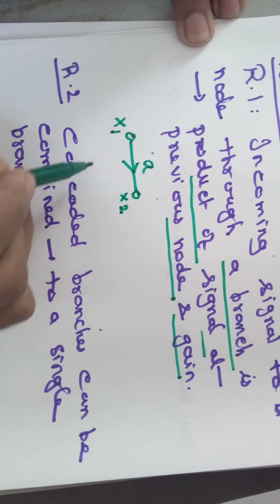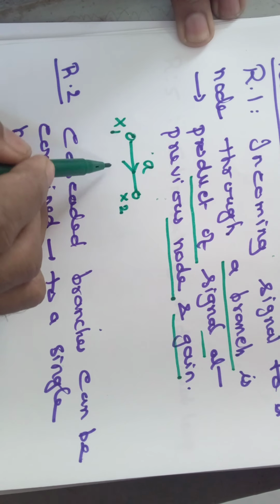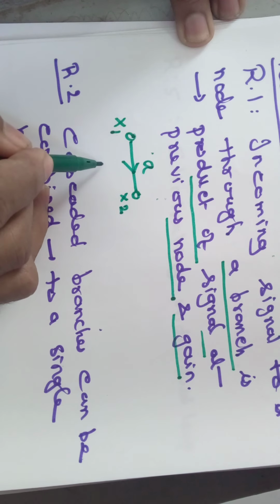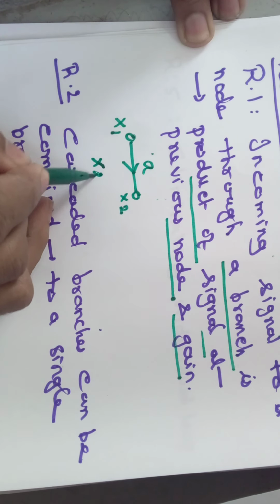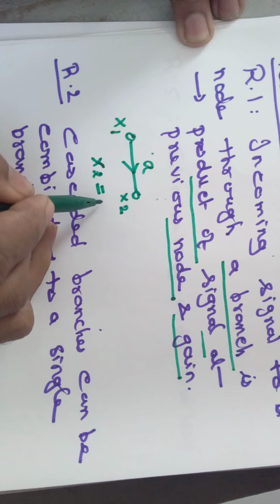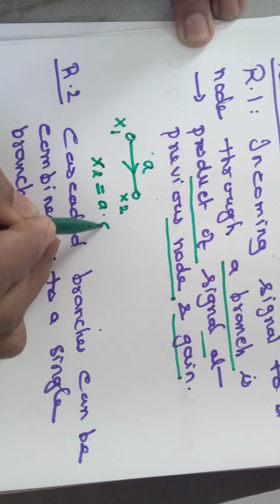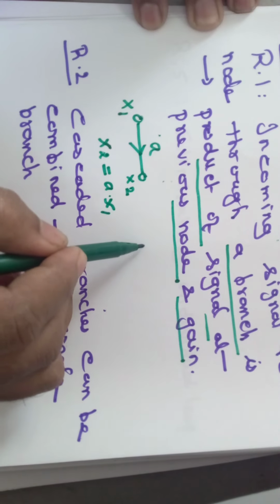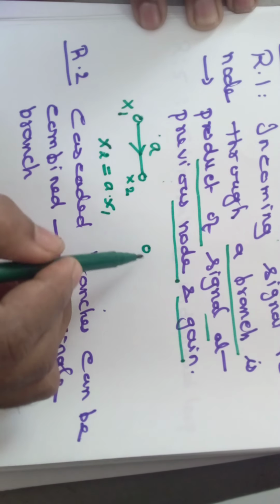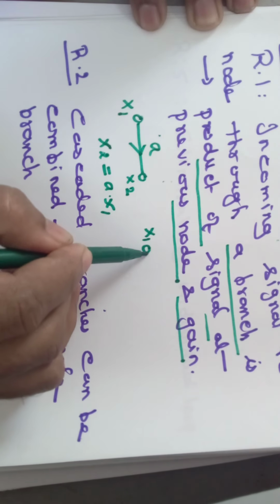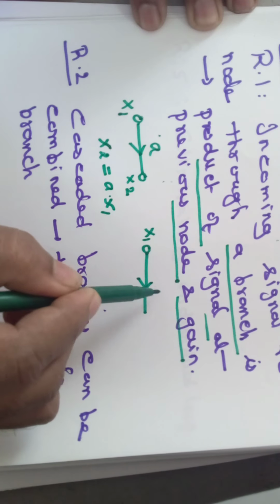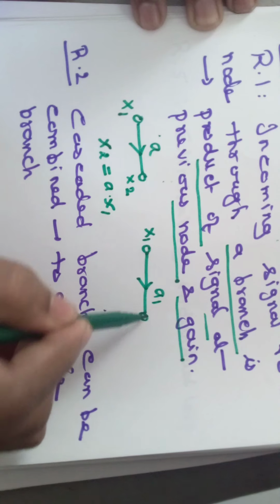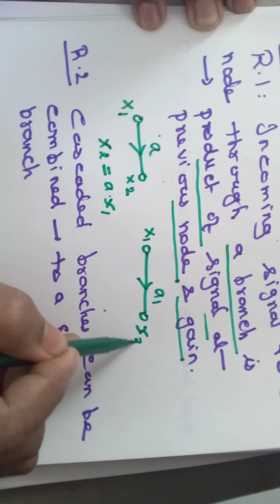So we can write the output node x2 is equal to A into x1. This is the rule, right? For example, see another node here, x1, and a signal A1 is traveling through this path and it reaches a node x3.